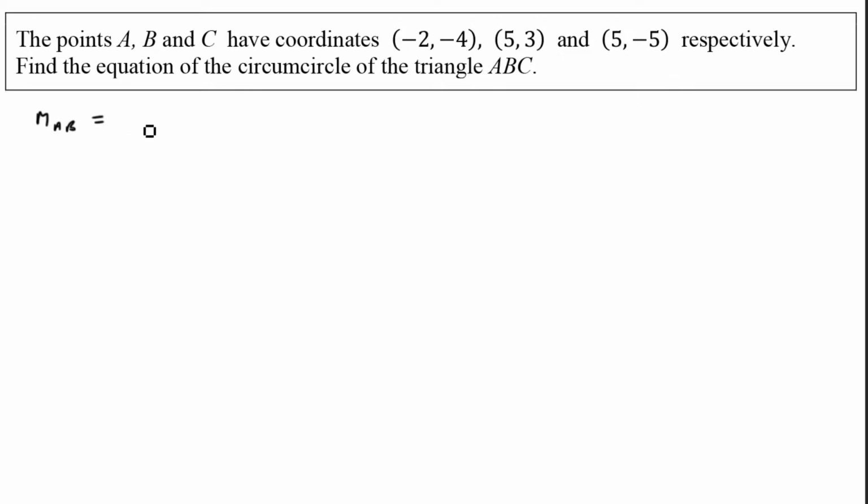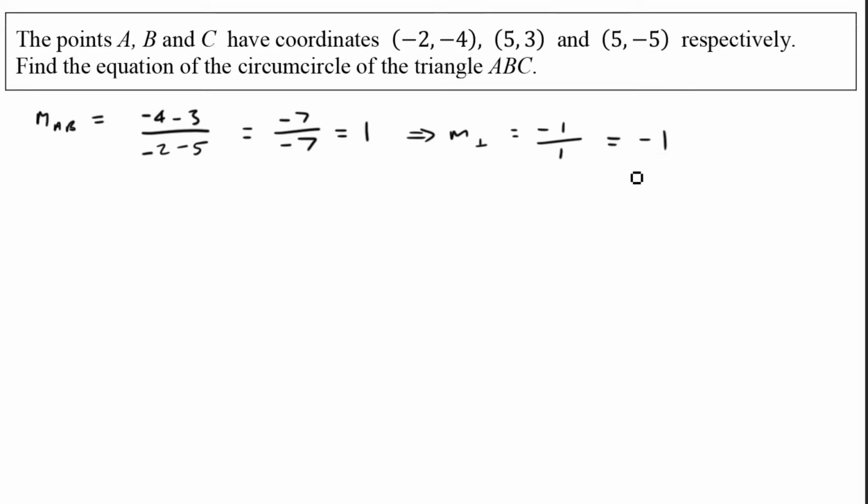Using their coordinates, it will be the difference in the y coordinates, -4 subtract 3, divided by the difference in the x coordinates, -2 subtract 5, which is -7, divided by -7. That gradient is 1. Therefore, the gradient of the perpendicular bisector will be -1 divided by 1, which is -1.